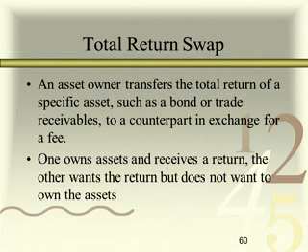Because events can happen and the total return is not there, they get insurance to make sure they get the total return they expected. One owns the assets and receives a return. The other wants the return but does not want to own the assets. They only want the return.